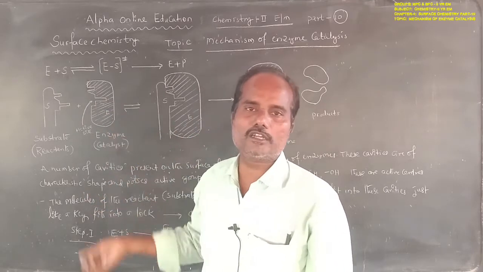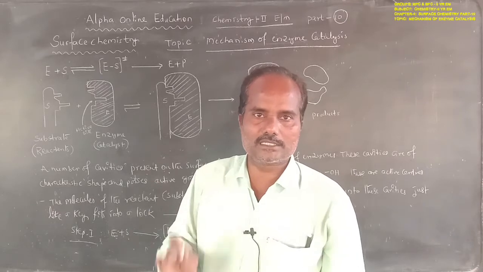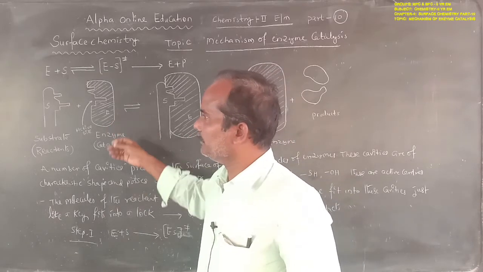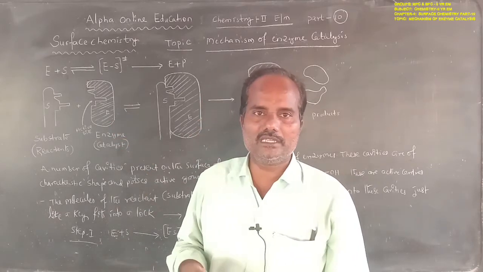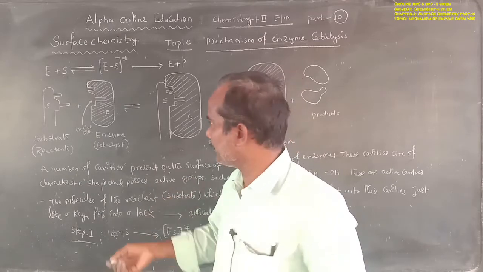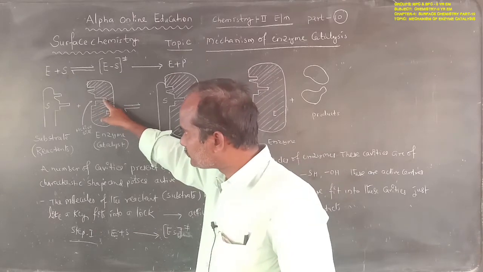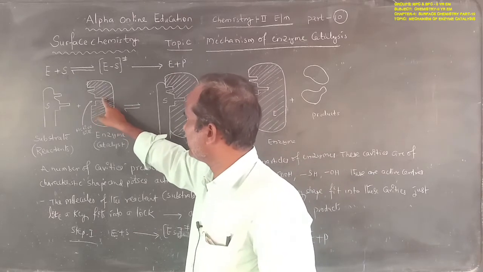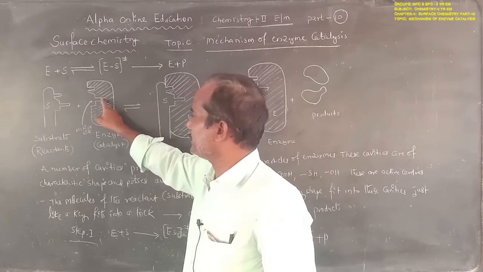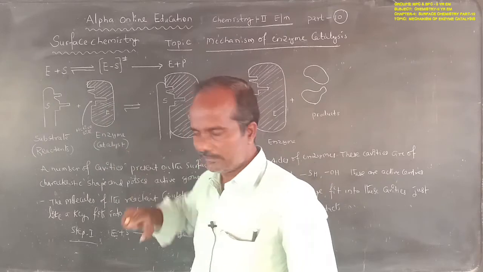If the active functional groups are blocked by poisons or inhibitors, then the enzyme activity is suppressed, even destroyed. That's why the active functional groups must be in a free state on the surface of the enzyme, in the cavities.